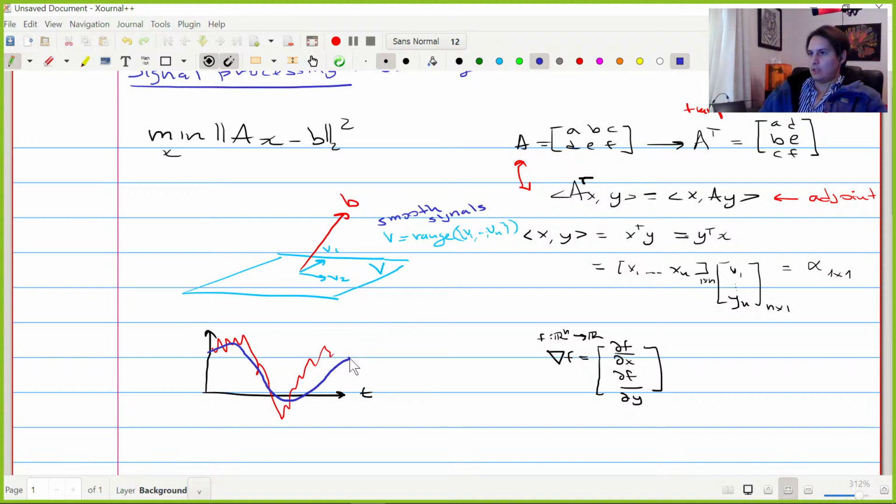So this blue line is the vector here. Let's just call it Y. That is the closest vector to V in the smooth signal space.